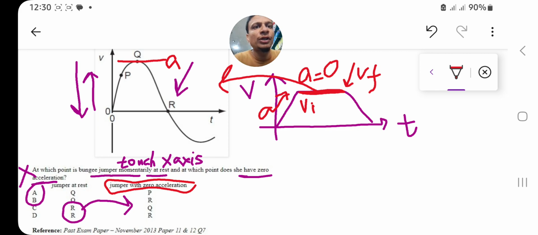The tangent is only horizontal at point Q, because the tangent line in a VT graph gives the acceleration. So here the jumper's acceleration is zero.